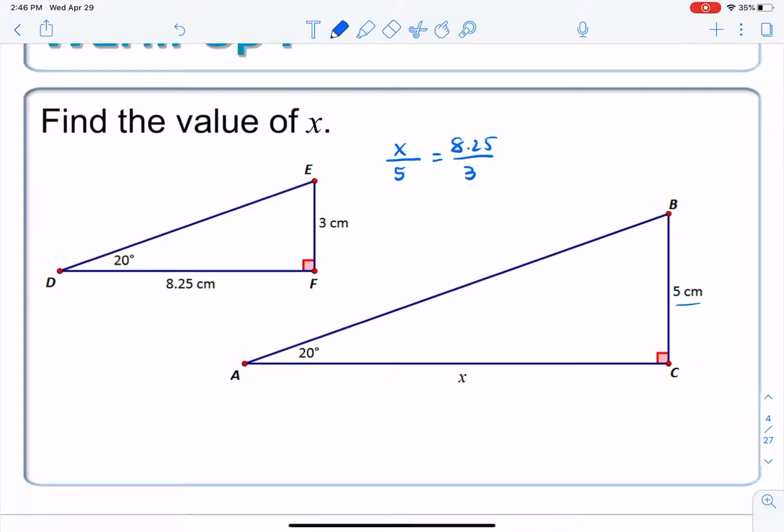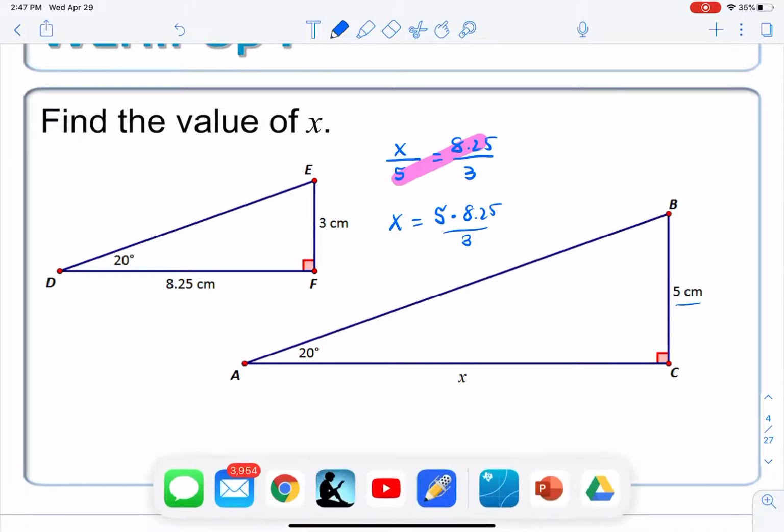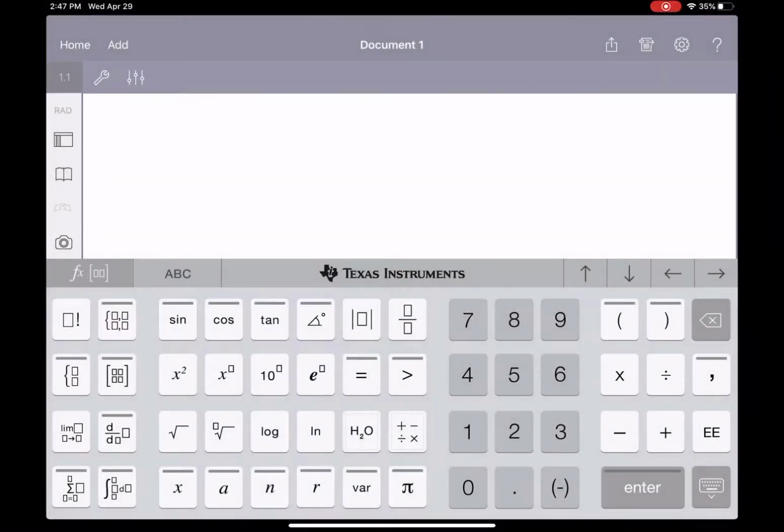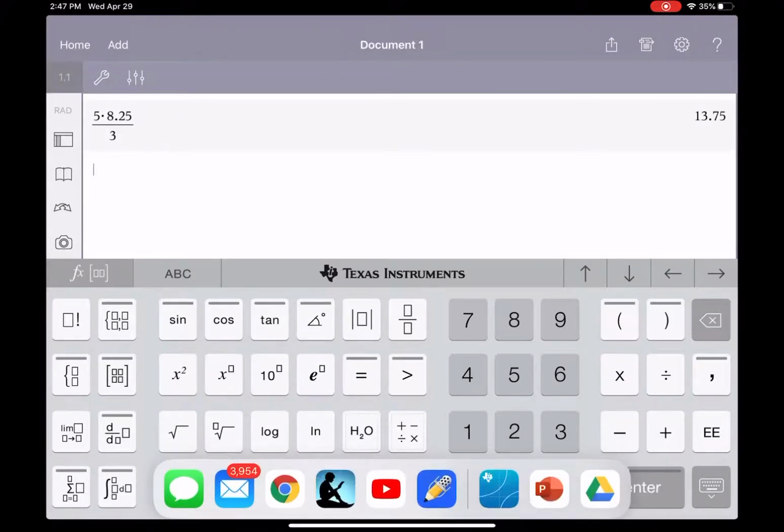I don't even have to cross multiply. I would just multiply this 5 up to the top here and get x is equal to 5 times 8.25 over 3. I can just throw that right into the calculator: 5 times 8.25, all of that divided by 3, and we get 13.75.